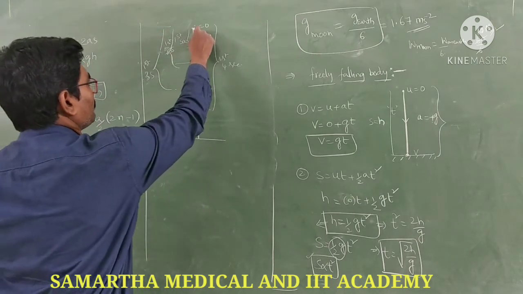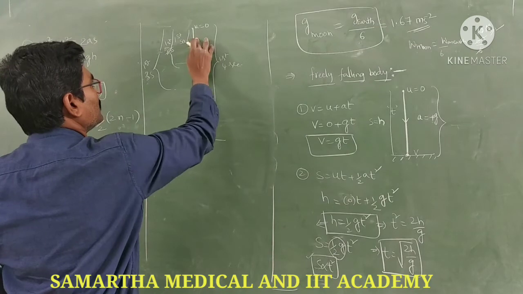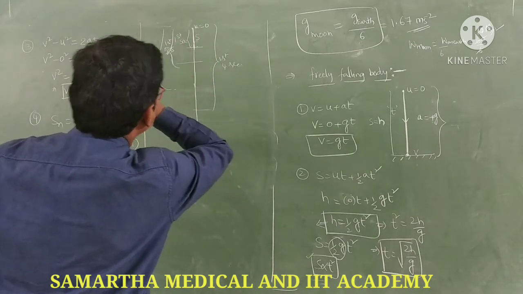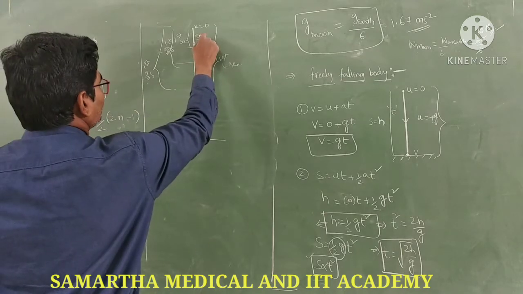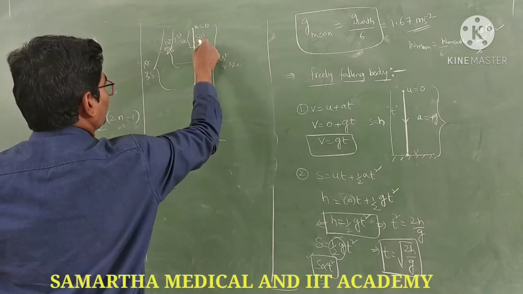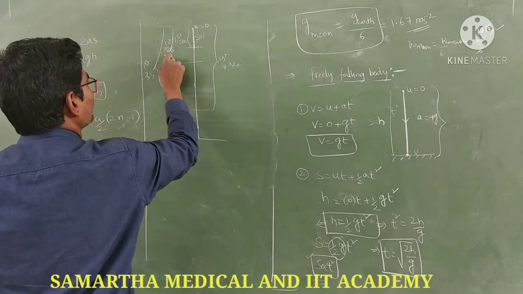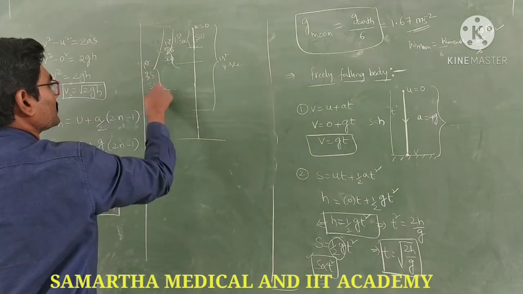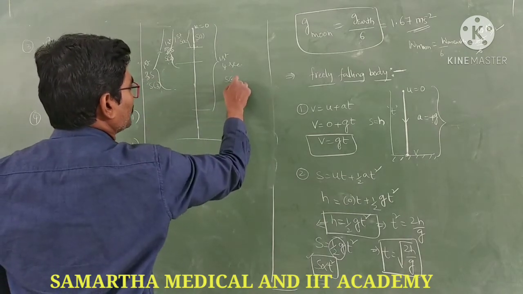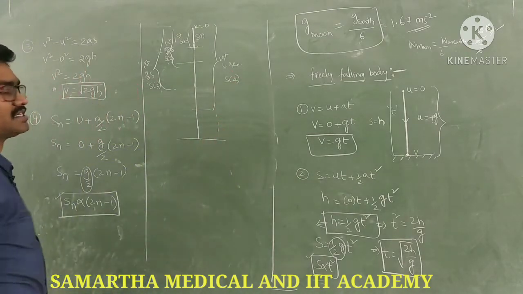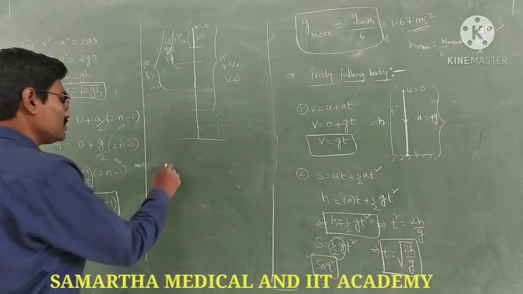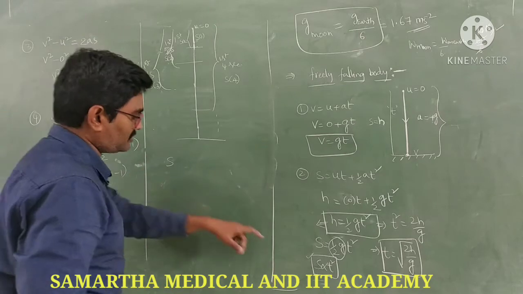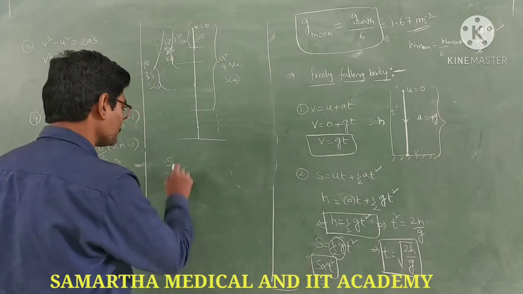So in the first second, let the distance covered be 1, inside the first 2 seconds let it be 2 seconds, in the first 3 seconds let it be 3 seconds, and in 4 seconds let it be 4 seconds, like that until it reaches the ground. In that situation, the distance covered in the whole time is directly proportional to t square.